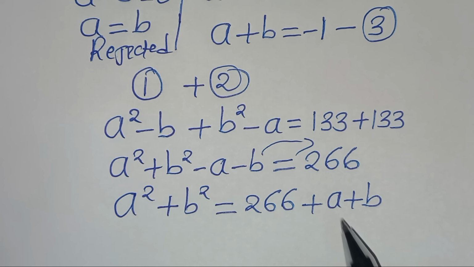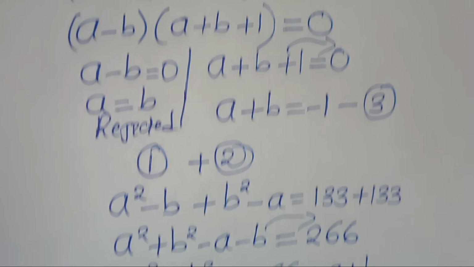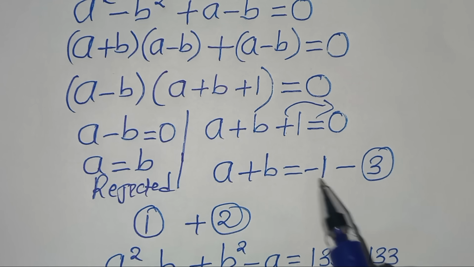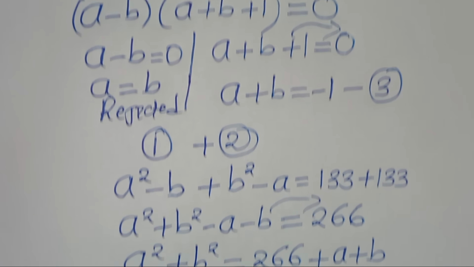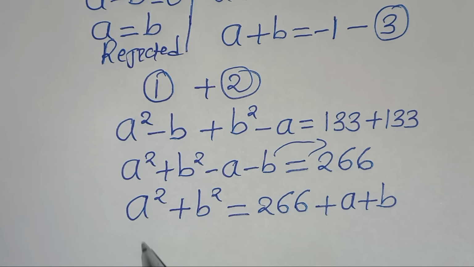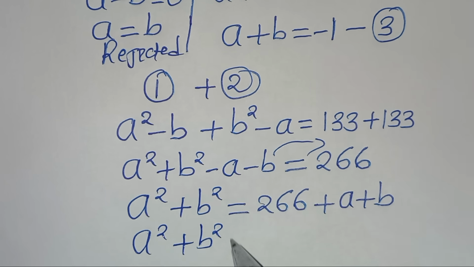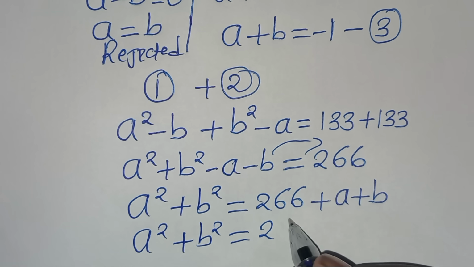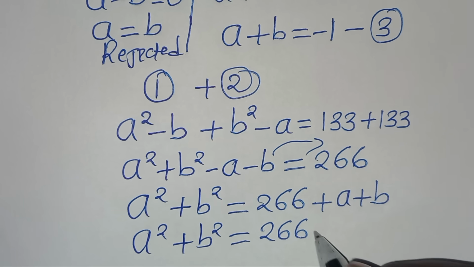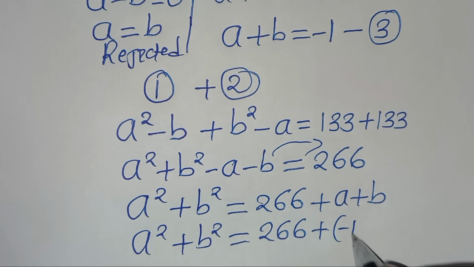Now, we have that a plus b, this is what we have in equation 3, which is negative 1. So let's substitute negative 1 so that we have a squared plus b squared equal to 266 plus negative 1.